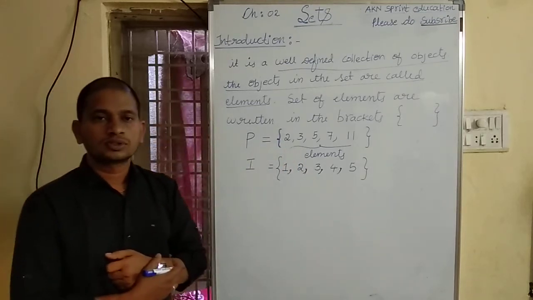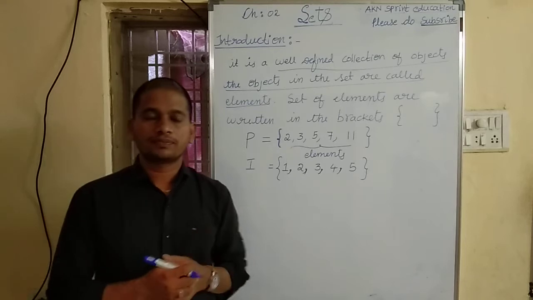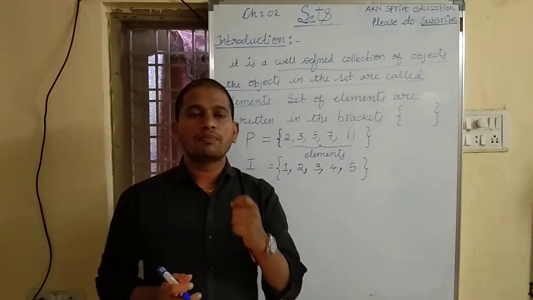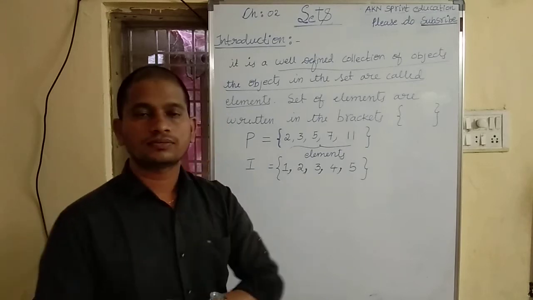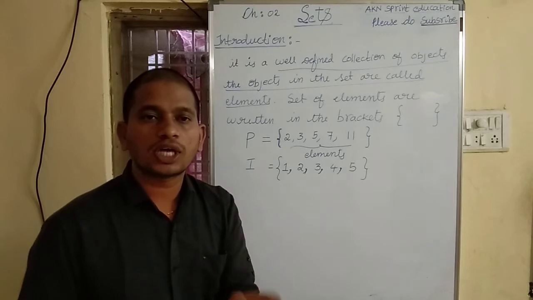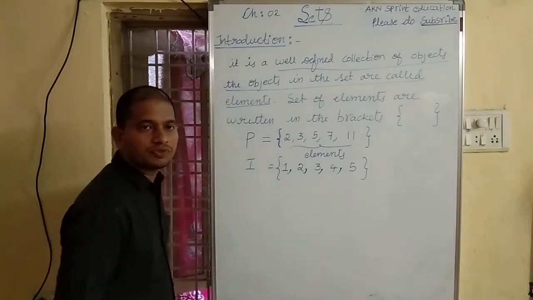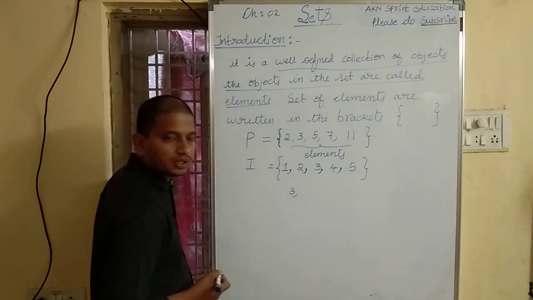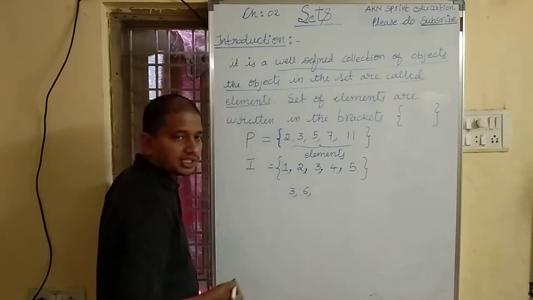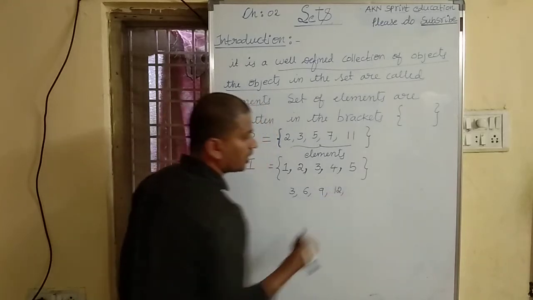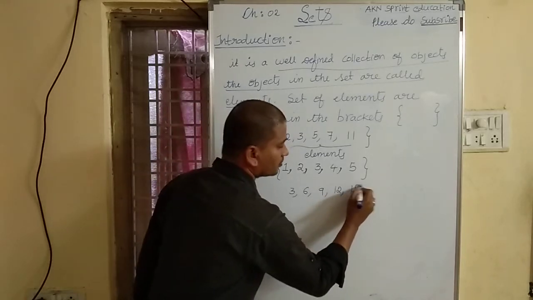For example, one more set: set of first 5 multiples of 3. Multiples of 3 are 3, 6, 9, 12 and 15.